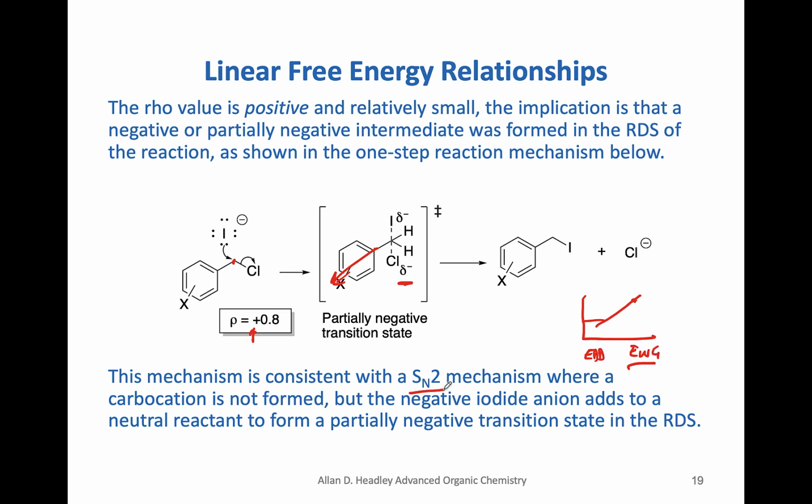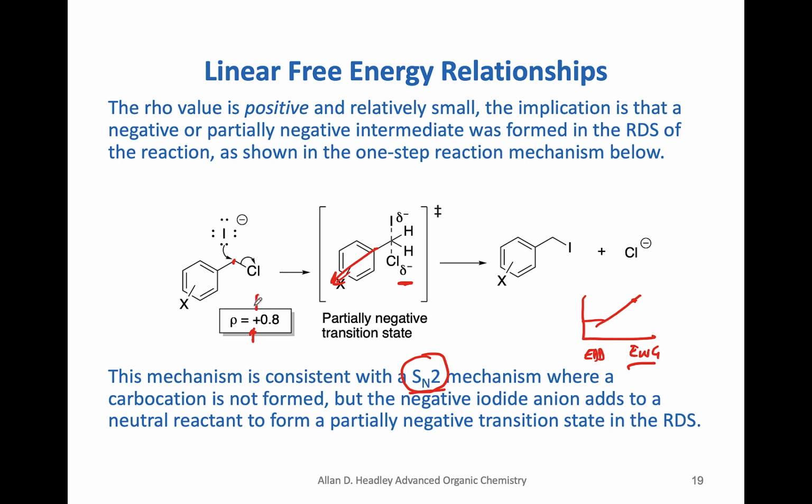Again, this is your classic SN2, where the nucleophile and the electrophile, two molecules, bimolecular, come together in one step to create the product, the substituted product here. So that's called the SN2 mechanism.